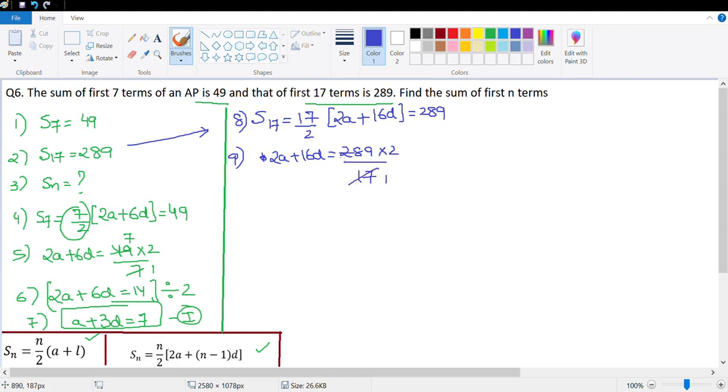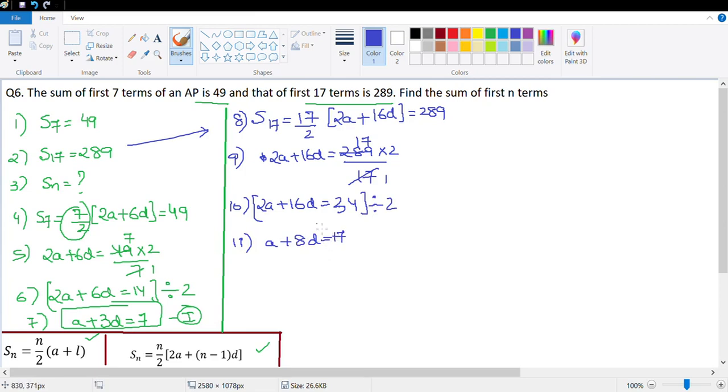That's 17 1, 17 17. So this gives me 2a plus 16d is equal to 17 into 2, 34. Again, I notice both sides have 2 common. Let's divide both sides by 2 and I get a plus 8d is equal to 17.